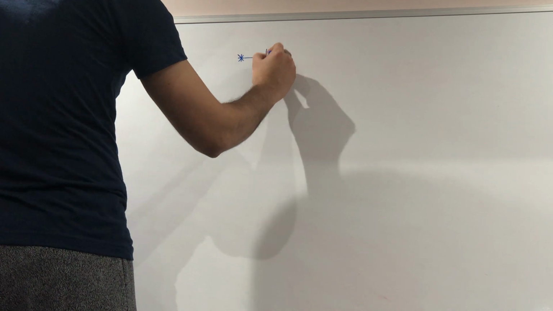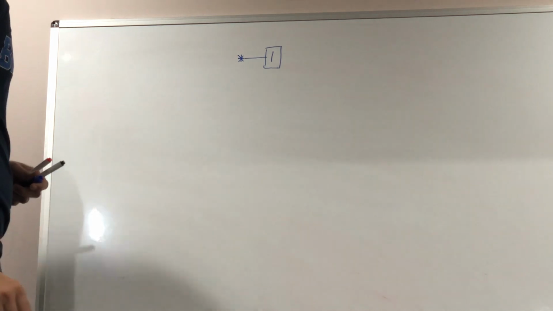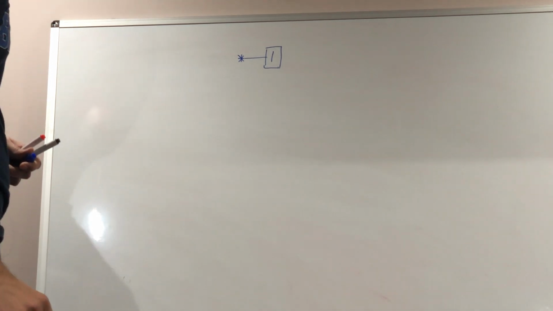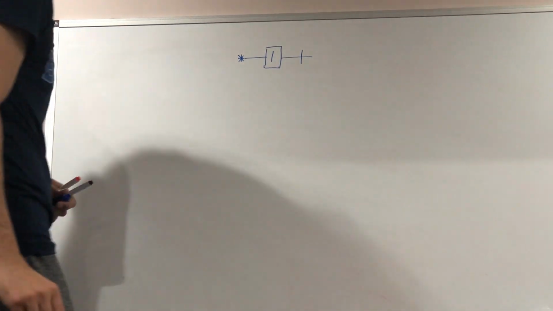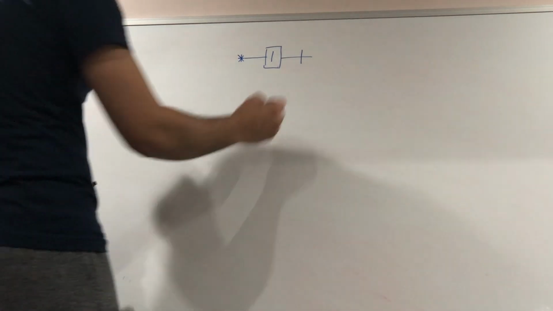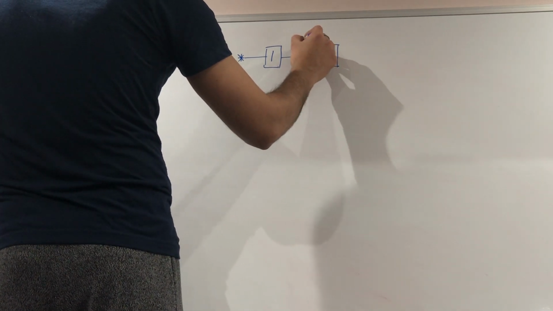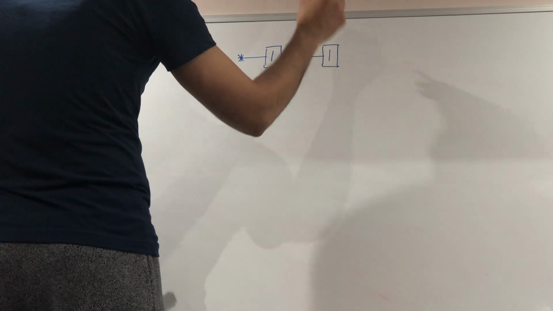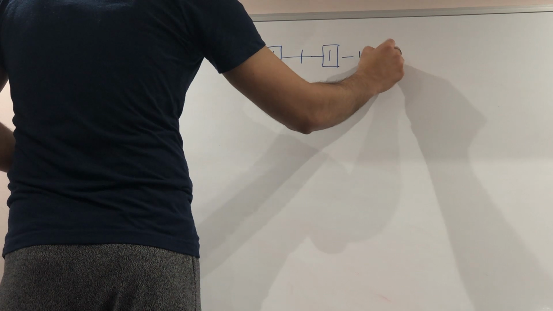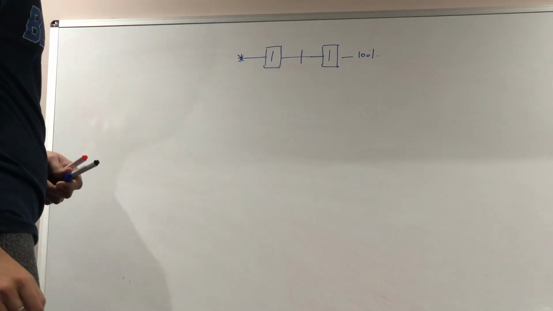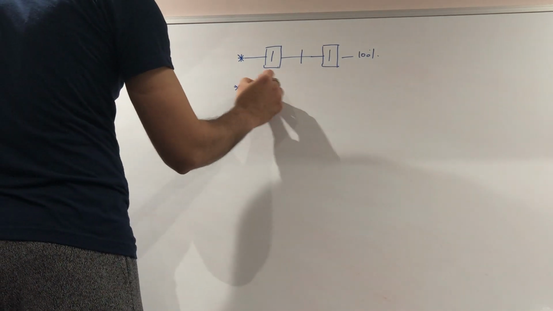I'm passing it through a Y polarizer, or vertical polarizer. I will get polarized light, polarized in the Y direction. When I pass this polarized light through a vertical polarizer again, there is a 100% chance of getting the output.